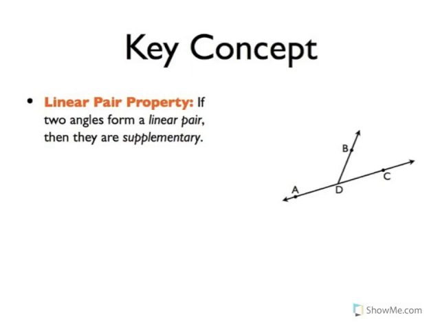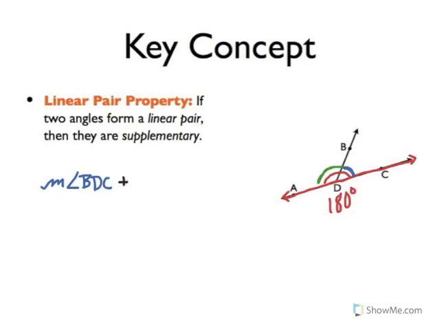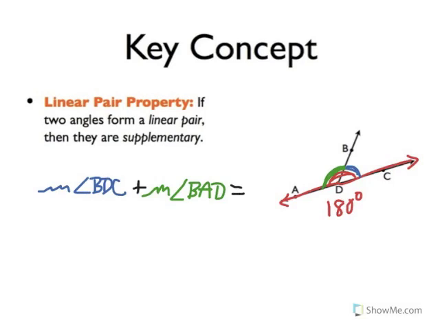This makes sense because the non-adjacent sides form a straight line or a straight angle. That makes the angle measure 180 degrees. Therefore, the measure of angle BDC plus the measure of angle BDA has to equal 180 degrees. So by definition, they are supplementary.